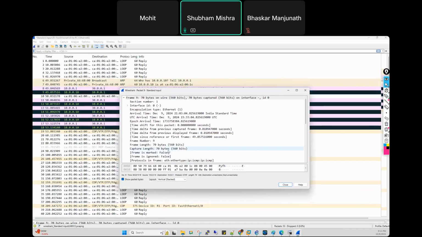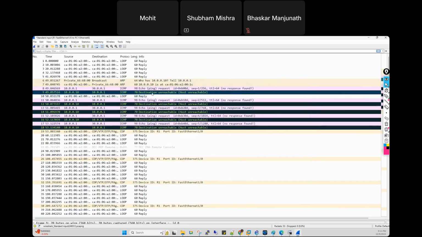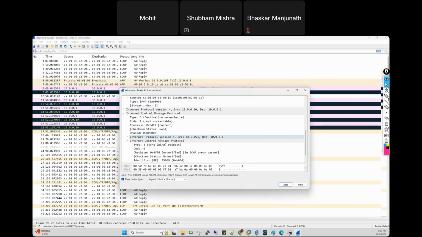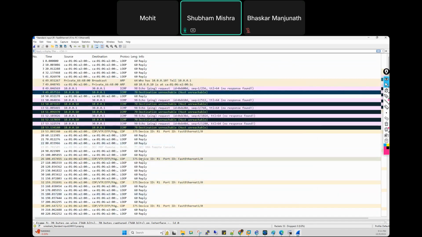So see, destination. What was the message, guys? Destination host unreachable. Yes, destination is unreachable. Type 3 means unreachable. So that's the reason on the PC you are getting destination host unreachable.